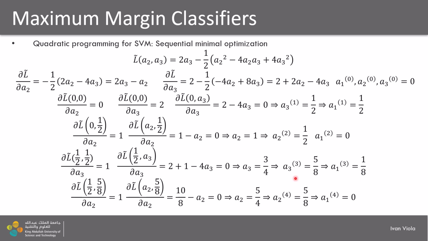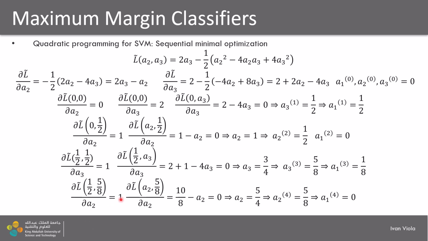Still, with this, all the constraints are fulfilled, and we go to the next step, where we have our values for A2 1/2 and for A3 5/8, and we perform the derivative with respect to A2, and we see that it's positive. When we put here 1/2, this is 1 minus 5/8, we will still have a positive value.